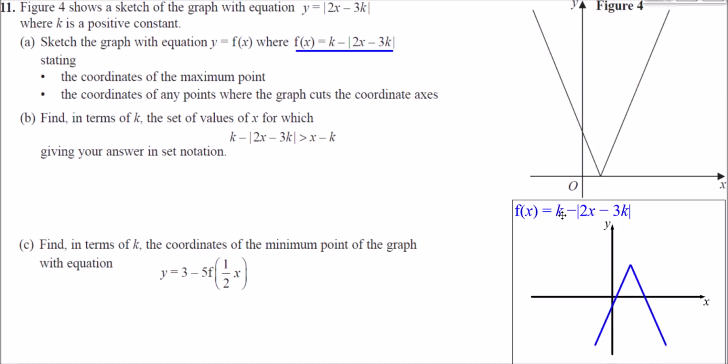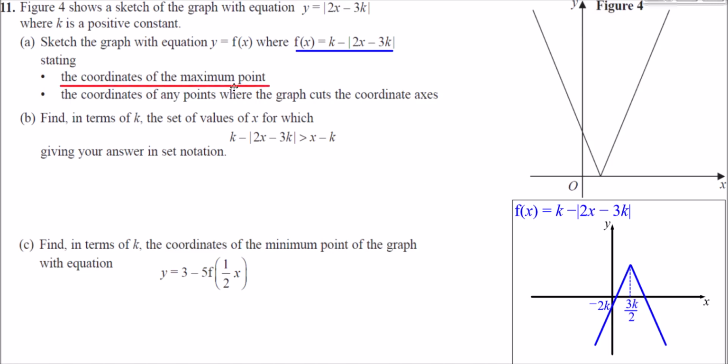So rather than the y-axis intercept being negative 3k, it'll now be k higher. One higher than minus 3k is minus 2k, and the x-coordinate of the maximum point is unchanged, at 3k over 2.